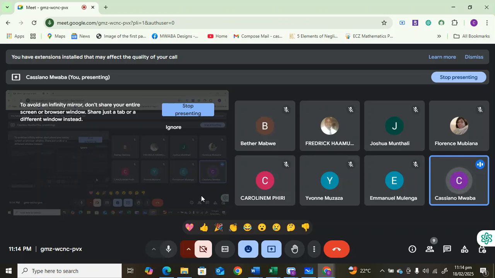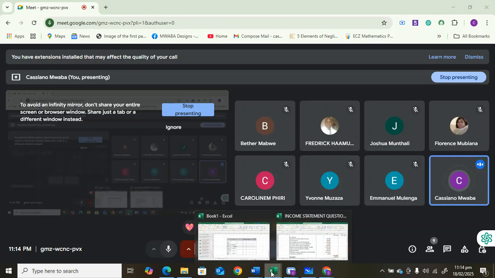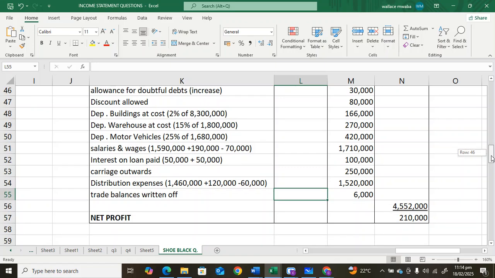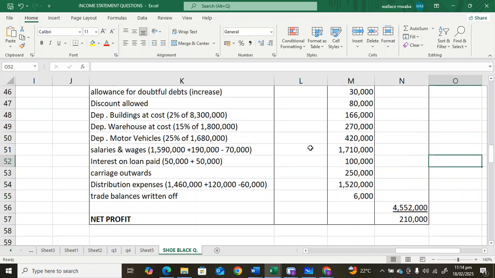So carriage outwards is when you are delivering your goods to your customer. Then carriage inwards is if your supplier is delivering goods to you and they've given you a charge.